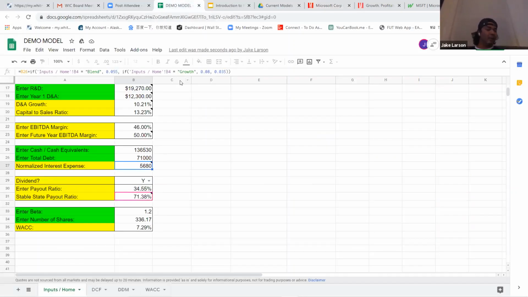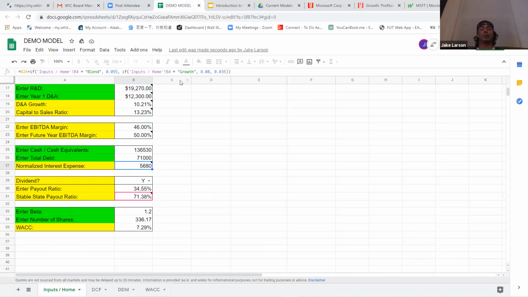And again, another statistic that this will calculate for you is the stable state payout ratio. You see here it is 71%. The way I calculate this is by assuming that in perpetuity, the company will either pay all of its cash out in dividends or reinvest it back into the company.